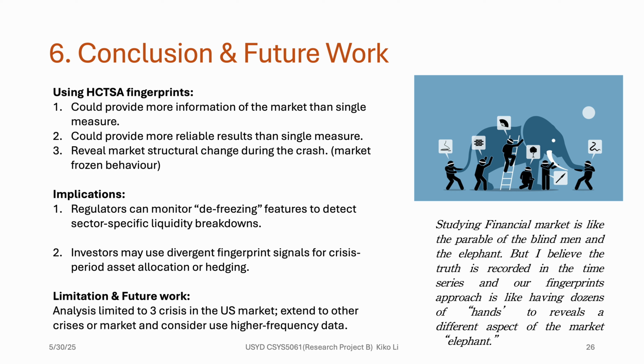Coming to the final part of the presentation, I have shown how our multi-fingerprint minimal spanning tree framework uncovers rich high-dimensional structure in financial markets, structure that a single correlation measure simply misses. Specifically, by extracting over 7,000 time series fingerprints per asset window, we capture nonlinear, frequency and complexity signals that traditional single-measure minimal spanning trees ignore.